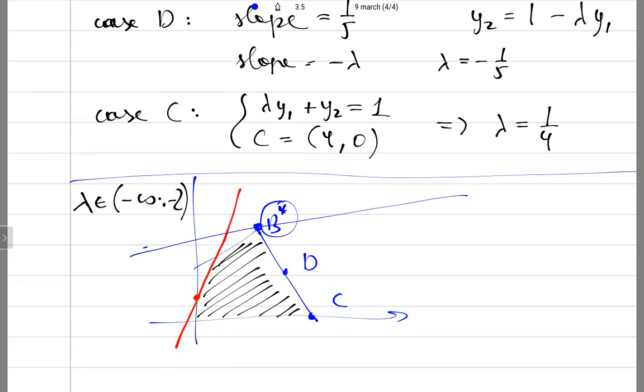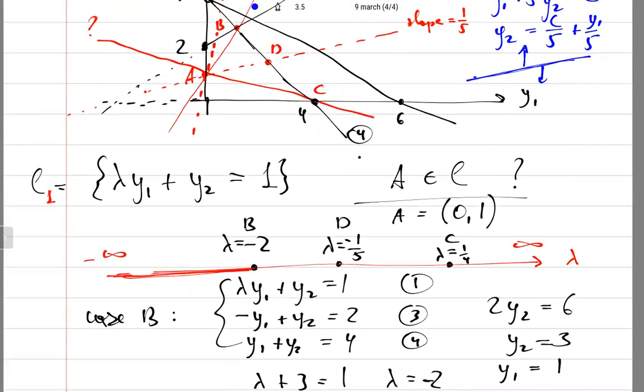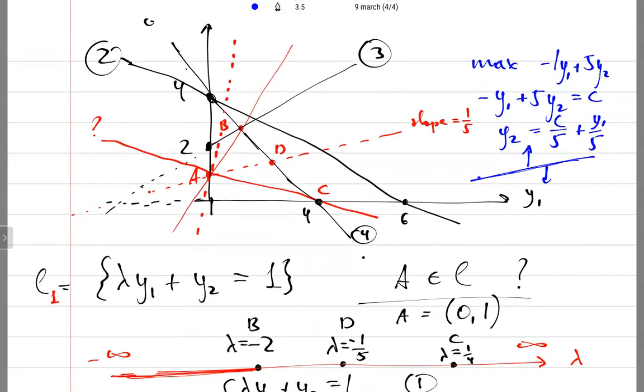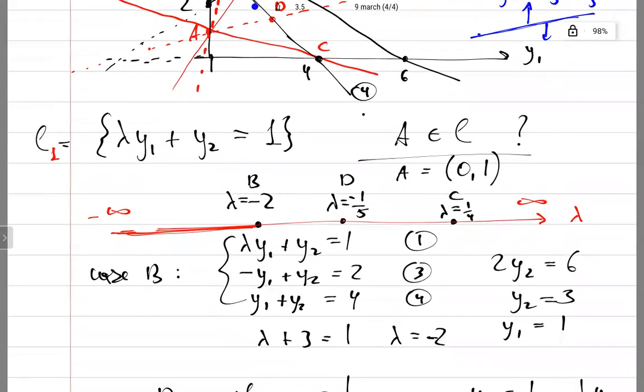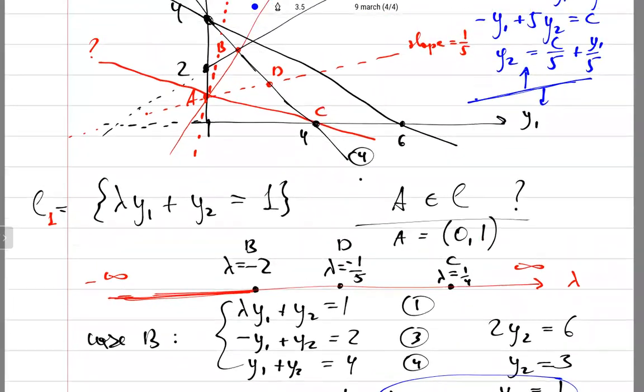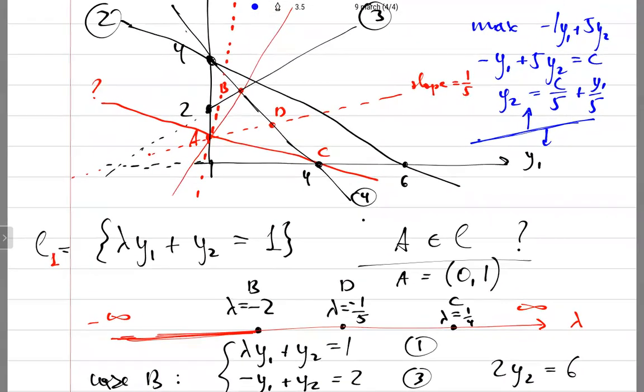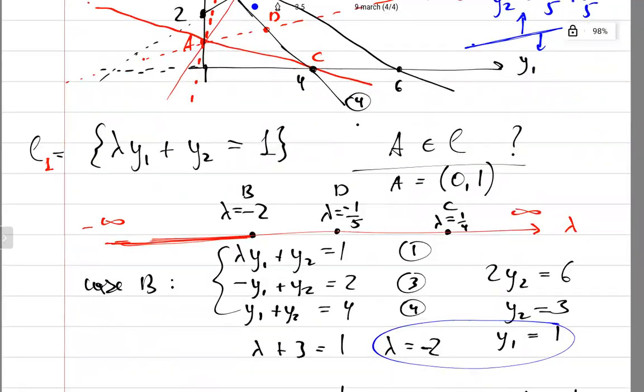And I can easily calculate the optimal value. Optimal value will be at B. My goal function is minus y1 plus 5y2. Coordinates of the point B are here. So I need to calculate minus y1 plus 5y2.